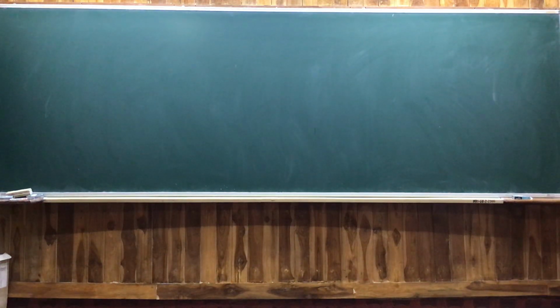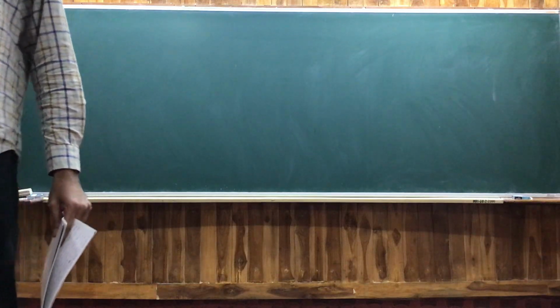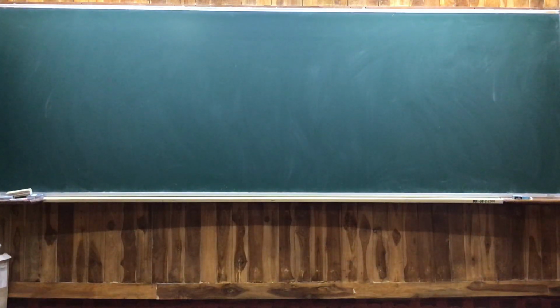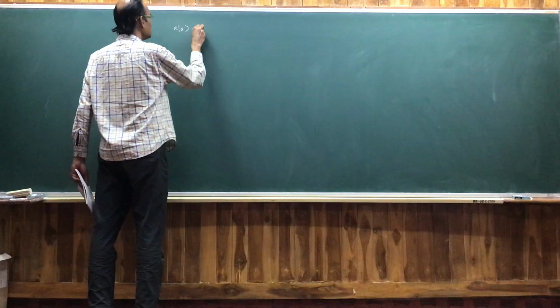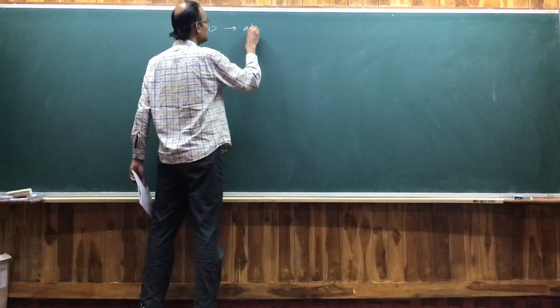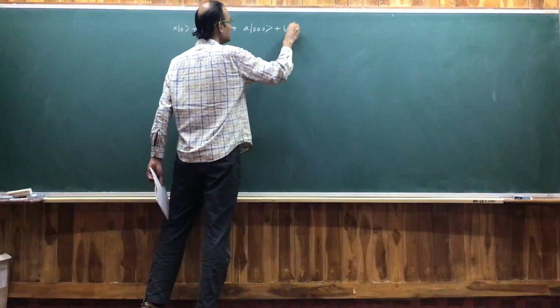And we have seen that if you have a channel or a storage mechanism in which you can have only bit flip errors, then that can be corrected by encoding the qubit A0 plus B1 into this plus this.